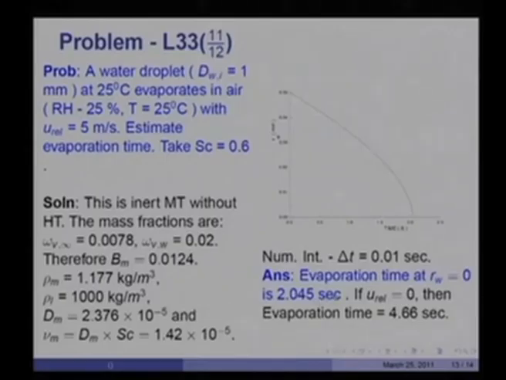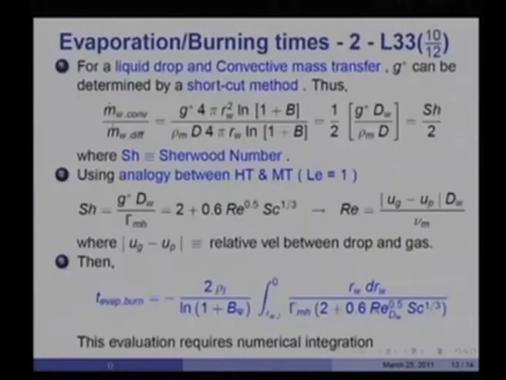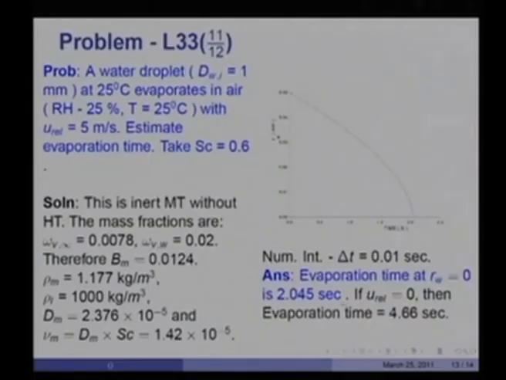Now, we can solve the same problem in stagnant surroundings by simply setting u relative equal to 0, which means that the Reynolds number here is 0, and therefore, this will be 2 times gamma h. Then you will see that the evaporation time becomes 4.66 seconds.